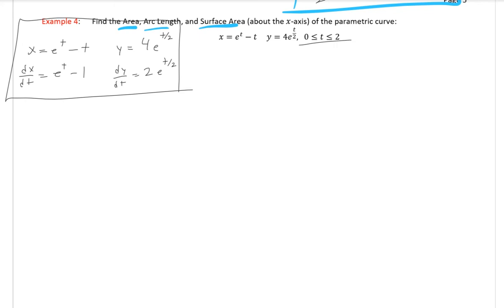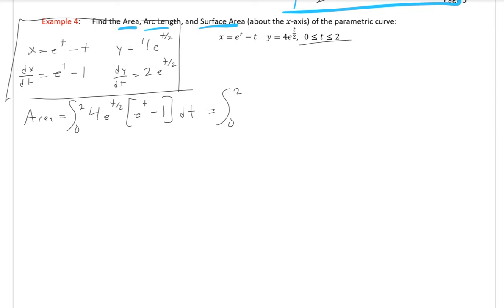First, let's do area. Okay, so area is going to be the integral from 0 to 2 of y times dx. So 4 e to the t over 2 times e to the t minus 1 dt. That isn't too bad at all.